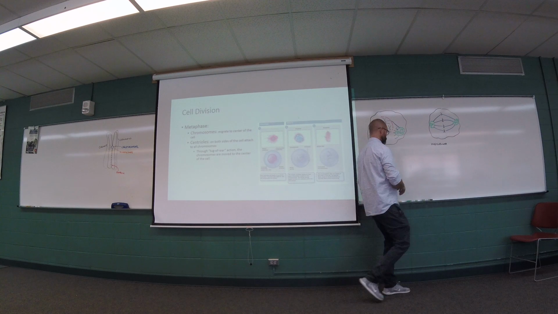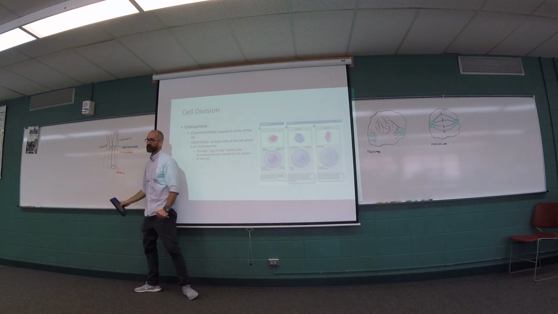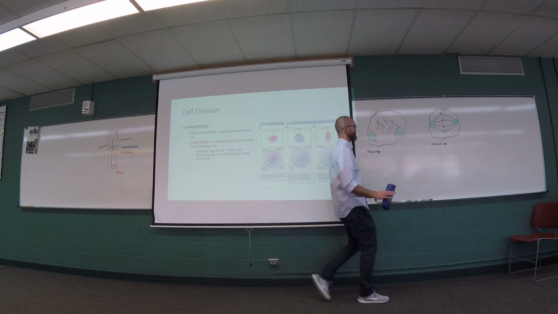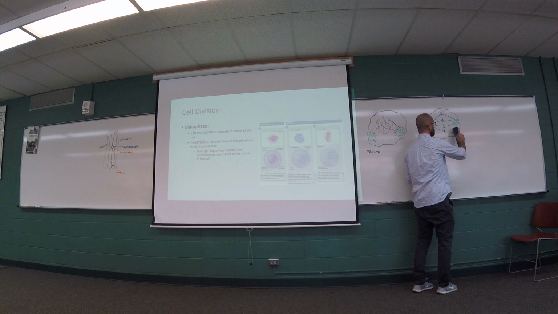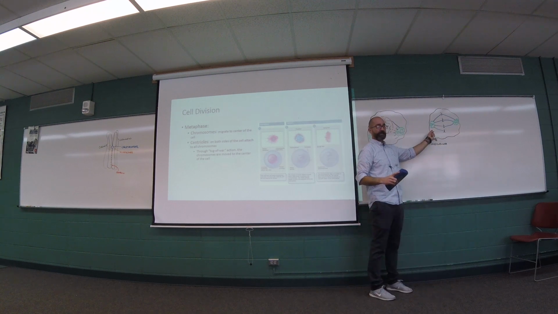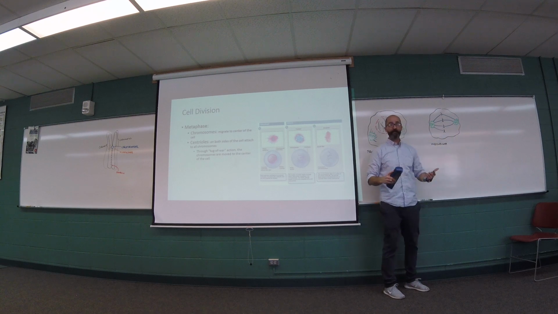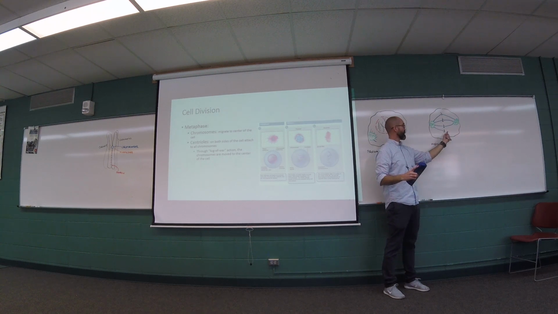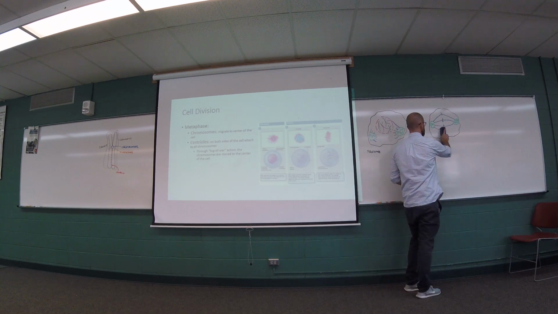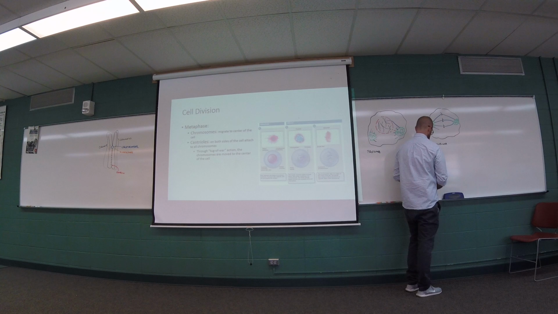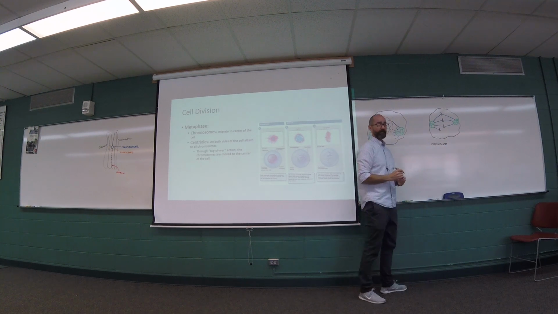So, for example, I know again this is easier to do on the board than it is in your notes, but just bear with me and watch for just a few minutes. Let's say that this centriole had attached to that chromosome before this one had a chance to. Then this centriole automatically begins pulling it towards itself. So before this one has a chance to attach, we get this one migrating way over here.